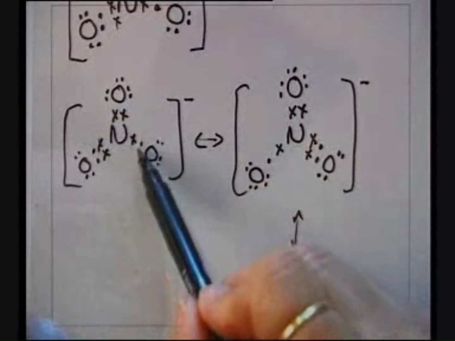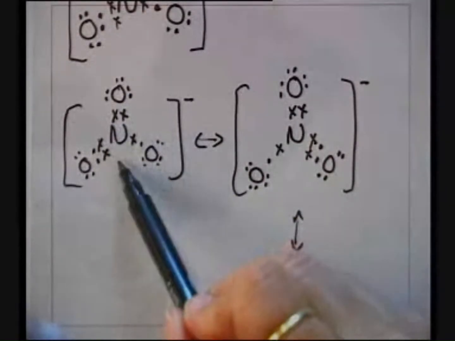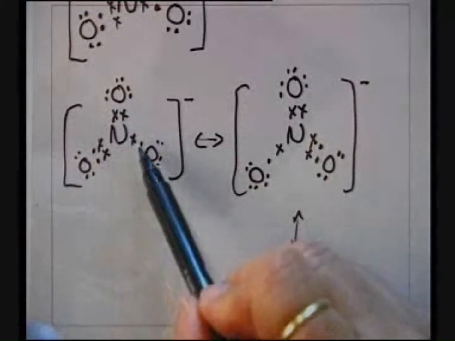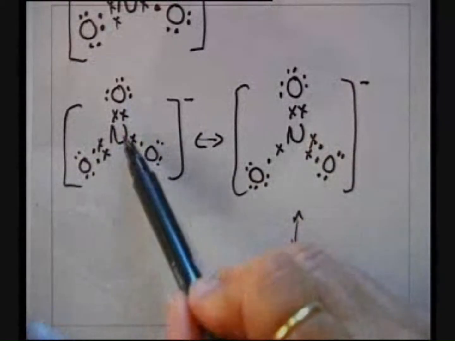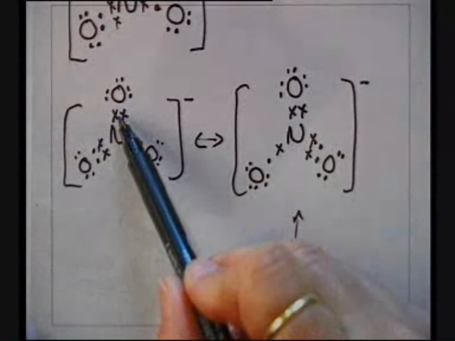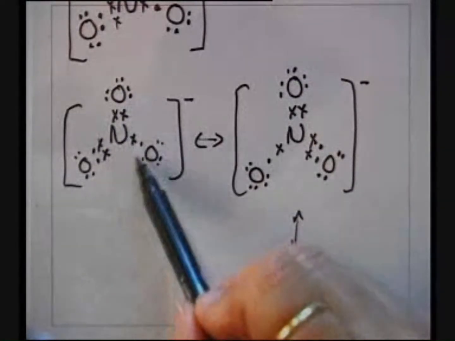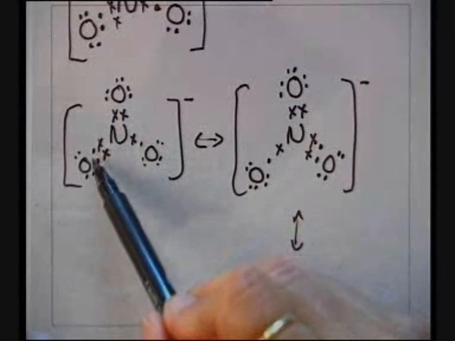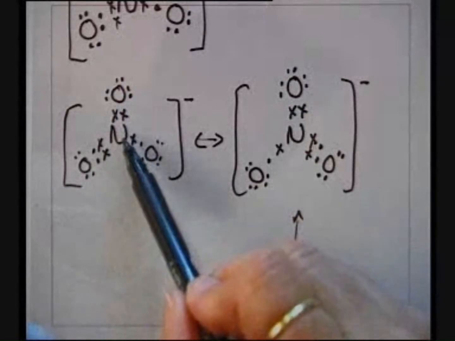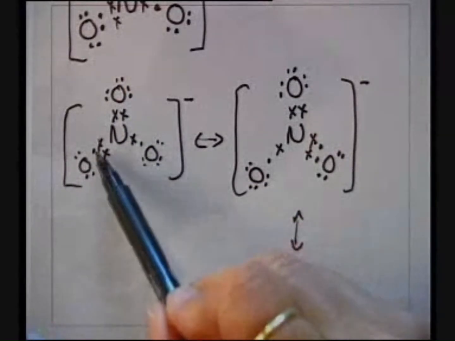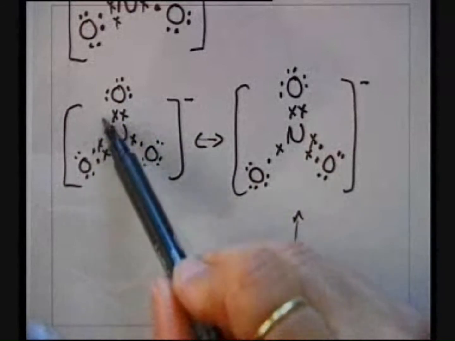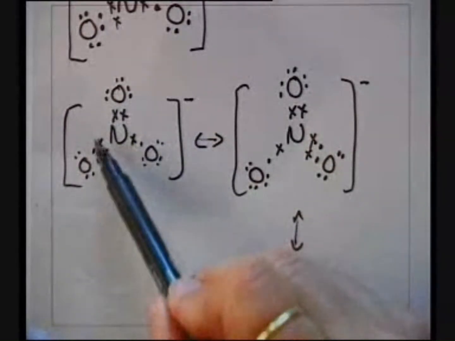We have got something that averages out. We will have bonds that are exactly equivalent. They will neither be pure single bonds, neither will they be double bonds. It will be something in between. But it is very important to understand that these bonds are exactly equivalent, and therefore there will be no distortions in this molecule.